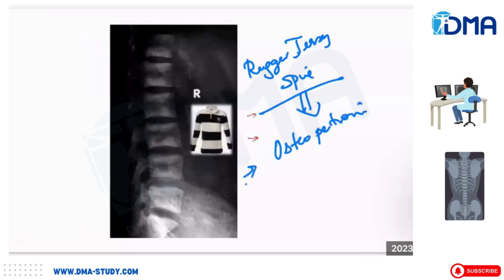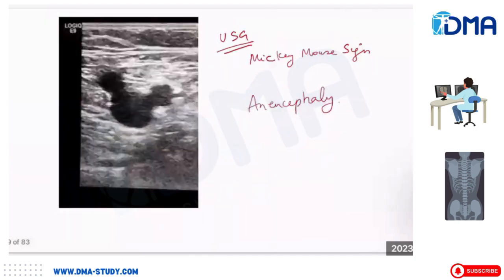Then it is also seen in osteodystrophy, that is due to chronic renal failure. In both these conditions, you can have this radiology finding. This is an ultrasound picture of a fetus where you have an anencephaly, and there will be a Mickey Mouse sign in anencephaly.